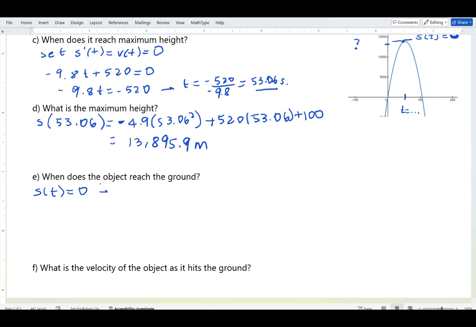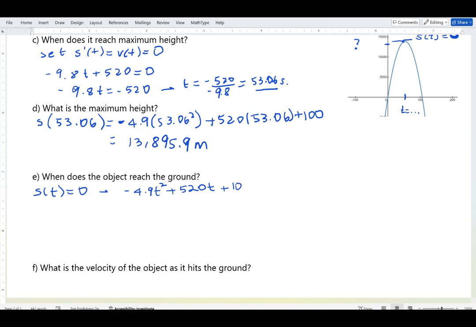So that will be the original equation, which was negative 4.9 t squared plus 520 t plus 100.